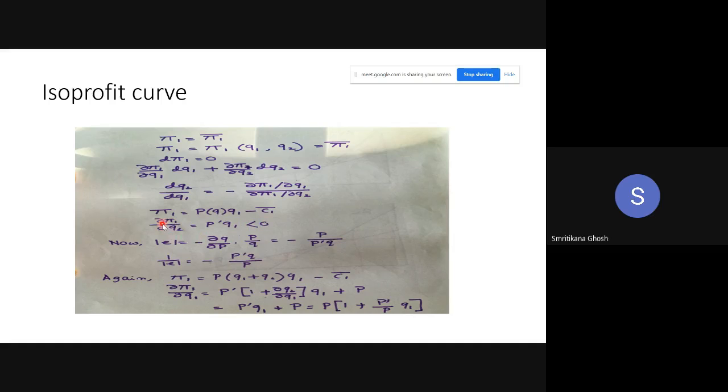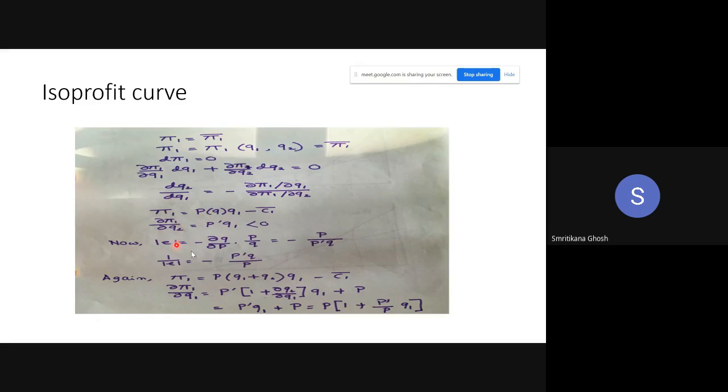Now, what is del pi 1 del q2? Because pi 1 is a function of both, when you differentiate with respect to one variable, it should be del, right? So del pi 1 del q2, it will be p prime. Now within bracket, you have q1 plus q2, right?